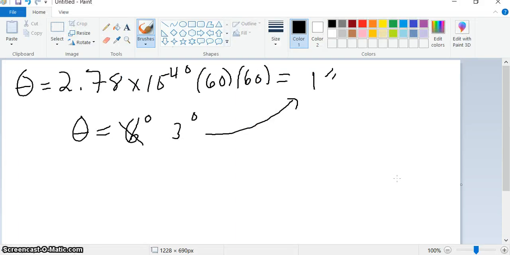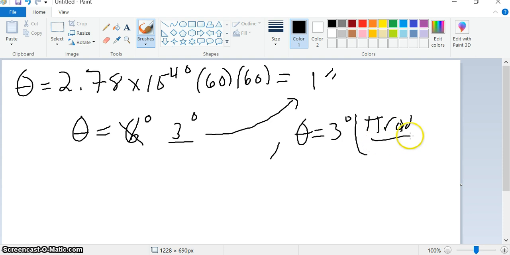As I just looked up, the angular size of the Andromeda galaxy is really 3, not 6, as it says in the problem. So we'll work it using 3. So theta, we've got to change that into radians, is equal to 3 degrees, and we know that pi radians is equal to 180 degrees.